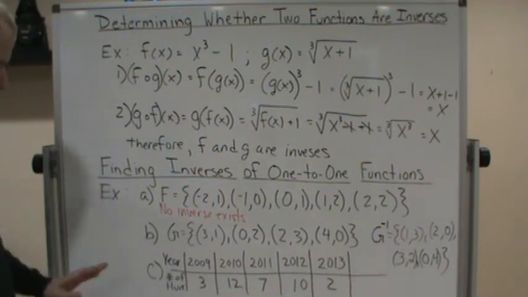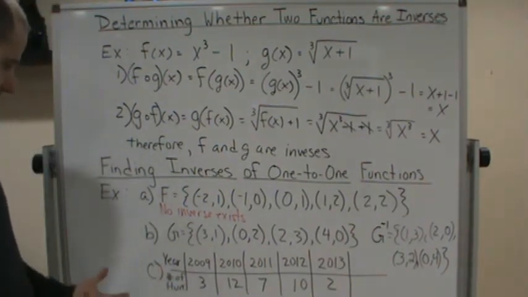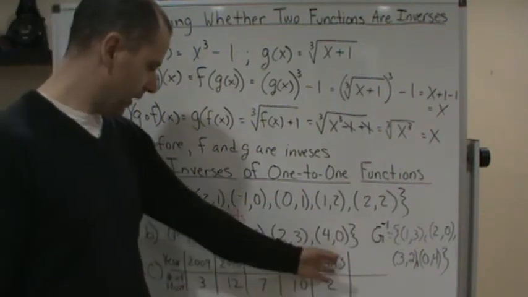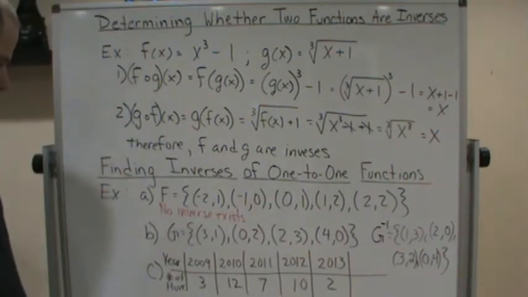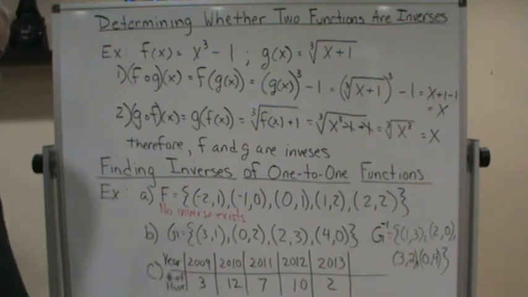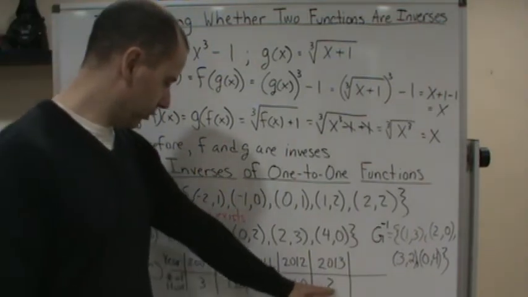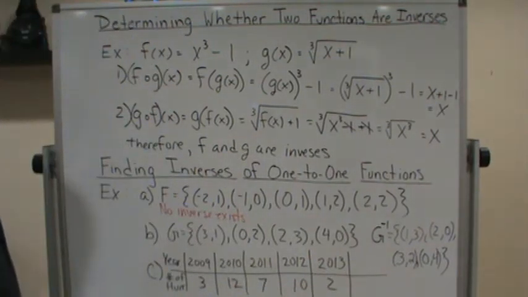Now, first of all, does this represent a function? Yes, it does, because none of the x values are repeated. And does this represent a one-to-one function? Yes, it does, because none of the y values are repeated.